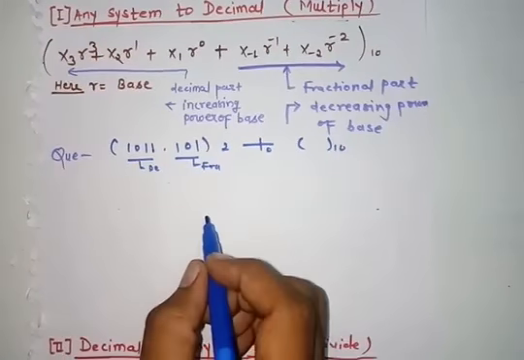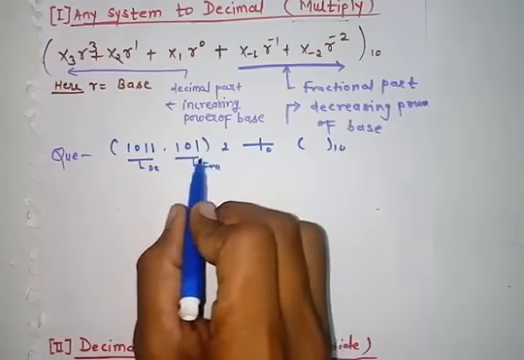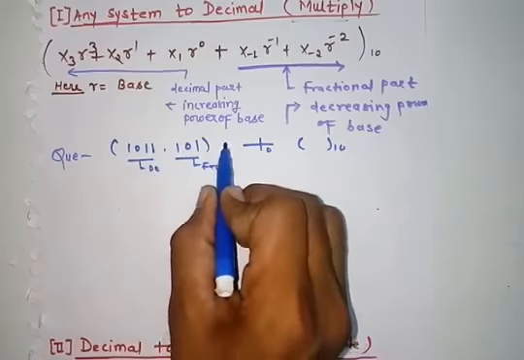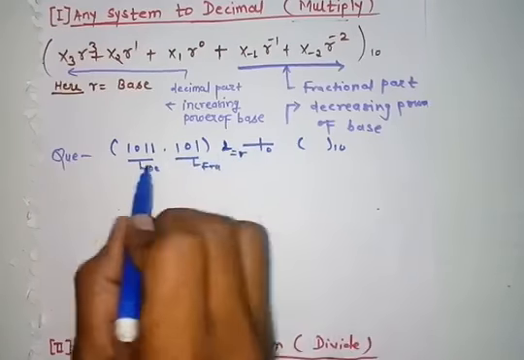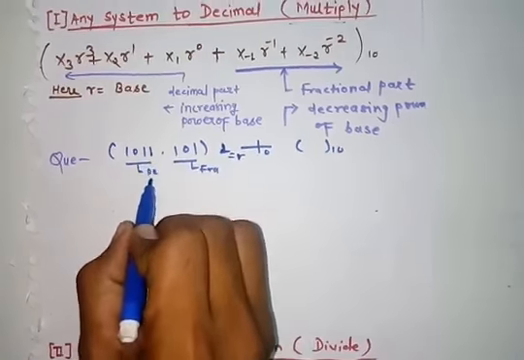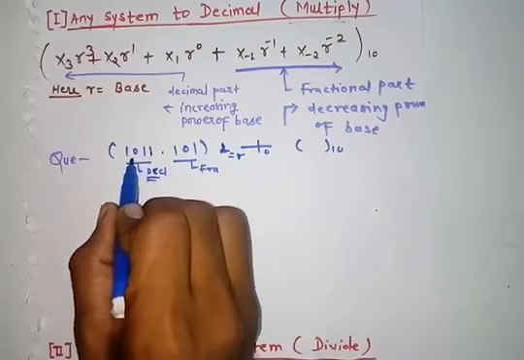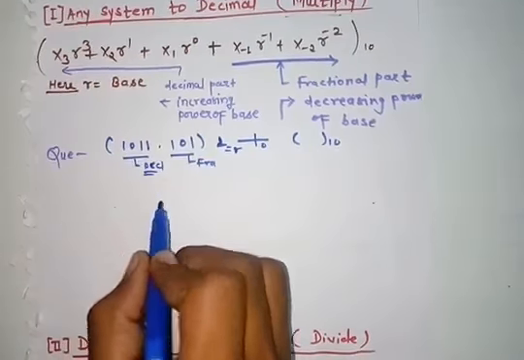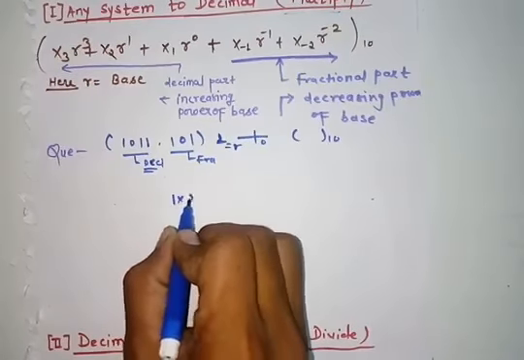Now I will tell you how. We have to convert this. Here the base R value is 2. First of all, take the integer part, which is 1011. We take the last 1 and multiply it by 2 to the power 0.